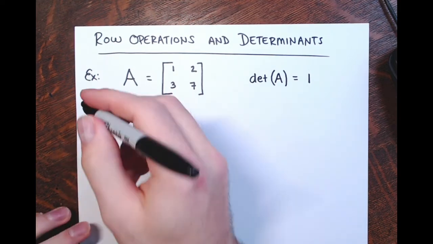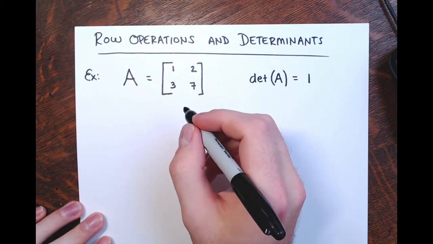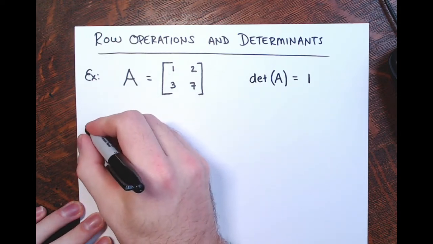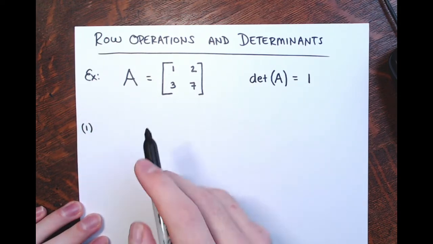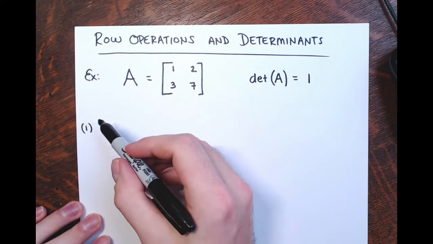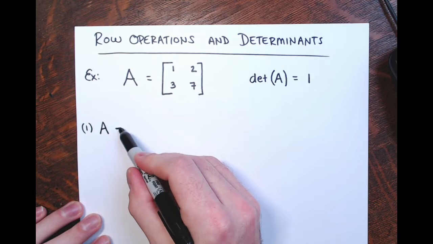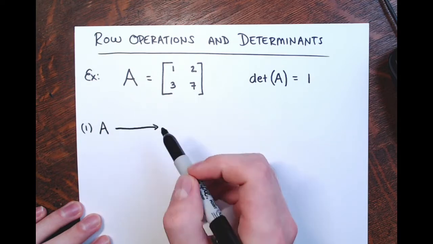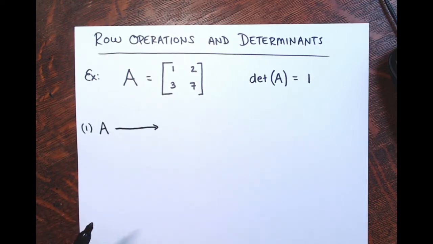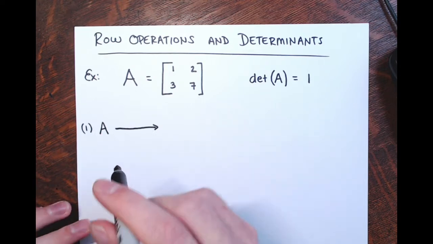Now what I'm going to do in part 1 is start with matrix A and perform a row operation. For this first one, I'm going to take a multiple of one row and add it to another row to create a new matrix.